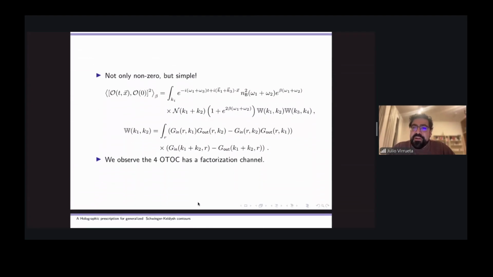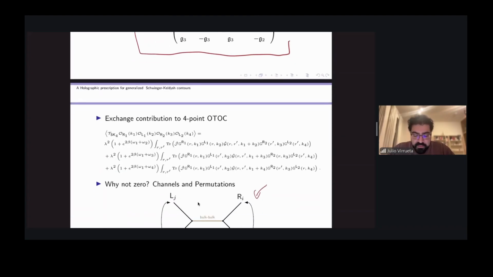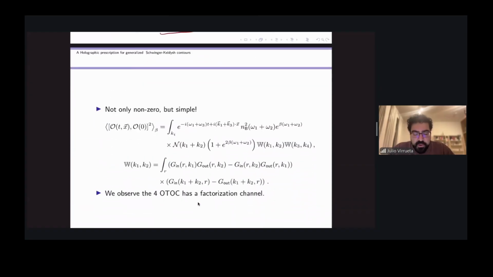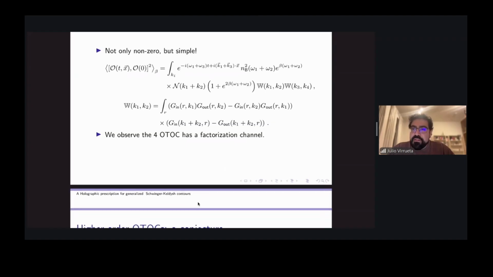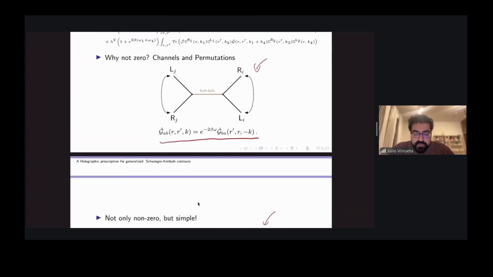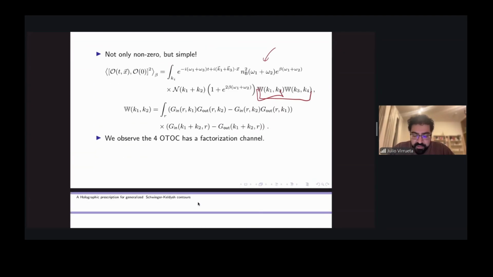Furthermore, it's not only non-zero, it's very, very simple. And this was a bit of a surprise. If you do all the calculation, in principle, this is a mess. This is horrible, because you need to consider all the channels. There are all kinds of contributions. But when the dust settles, the correlator just becomes this very nice factorized form. So really what you are discovering is a factorization channel where you can just compute this 3-point function, this 3-point function, that's what these W's are, and they are just connected in a very nice way.